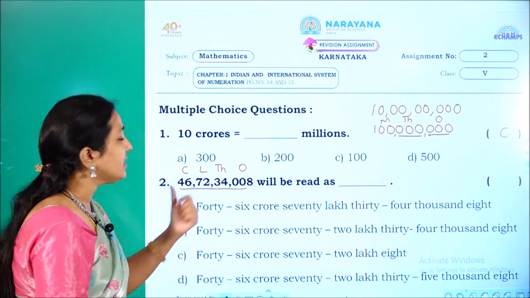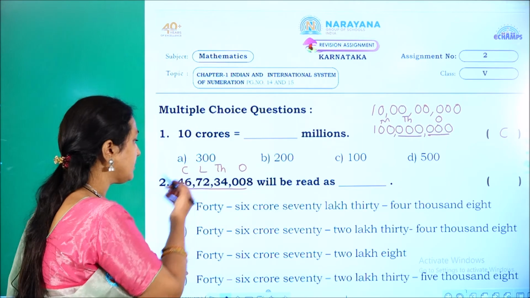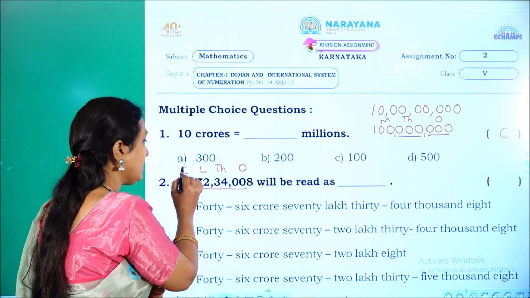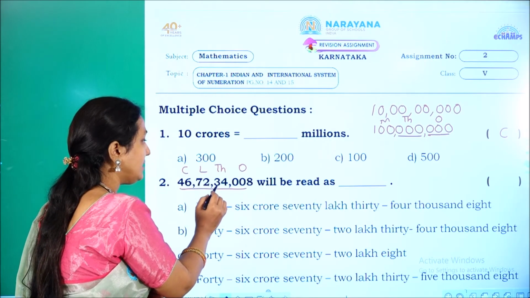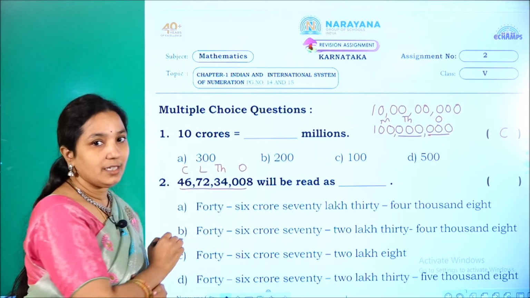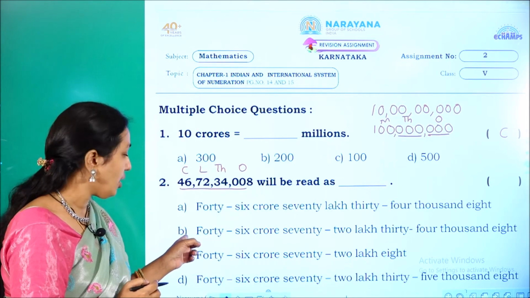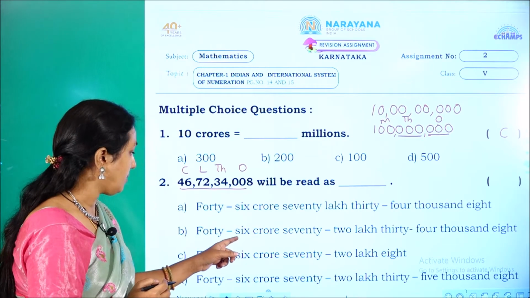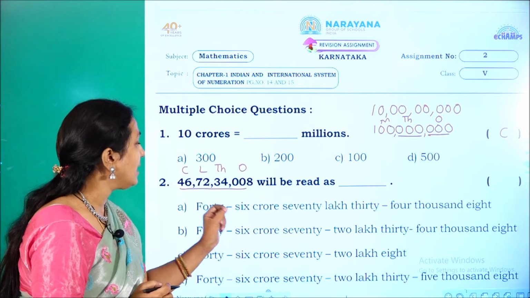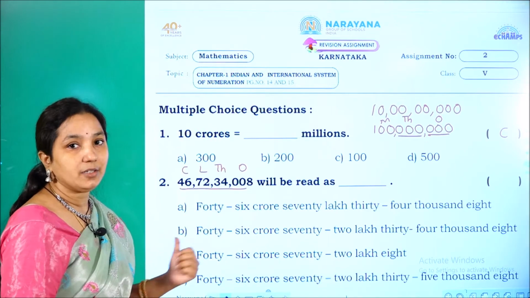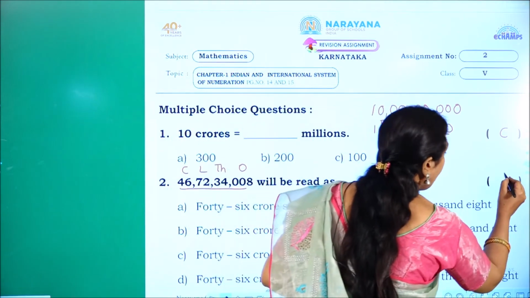Coming to the given number according to periods, this will be 46 crore, 72 lakh, 34,008. So our required option is B.